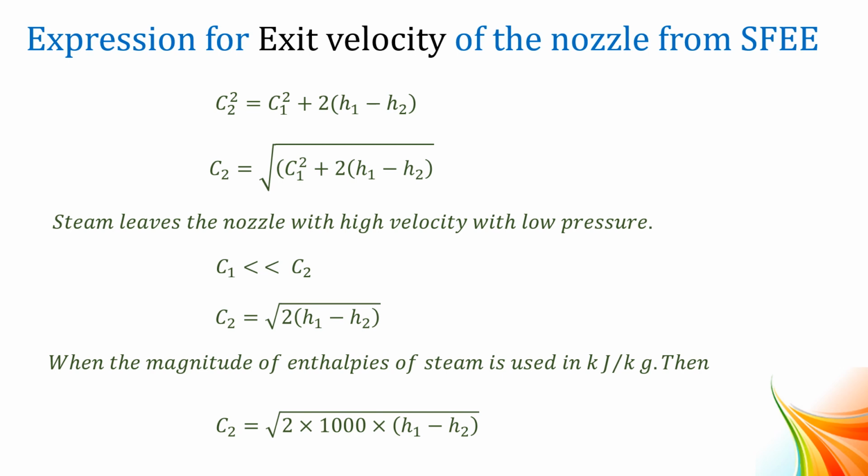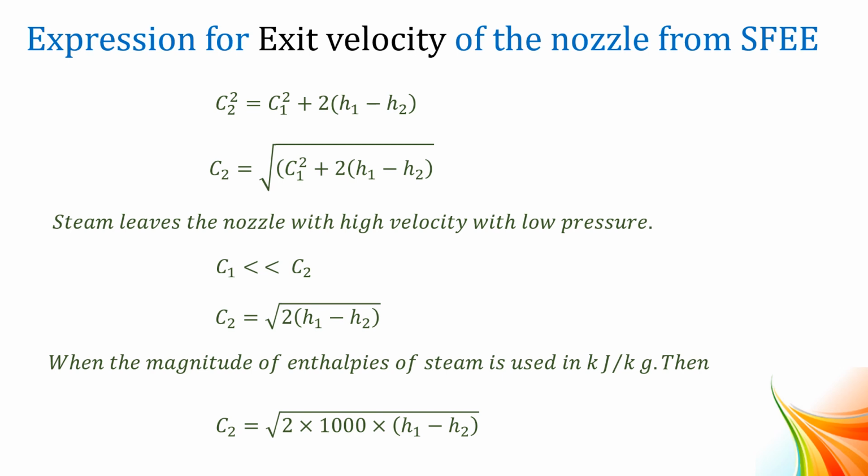We want C2 alone, so by taking the square root, C2 will become square root of C1 square plus 2 into HD, that is heat drop. h1 minus h2 can be called as HD, suffix D.